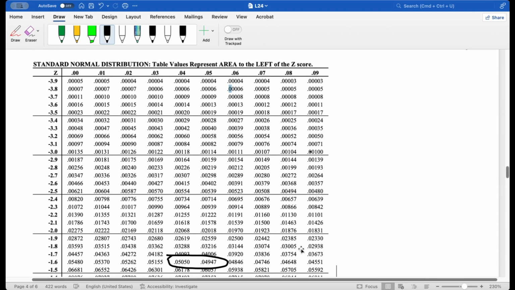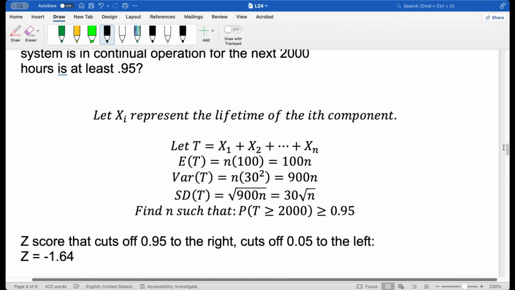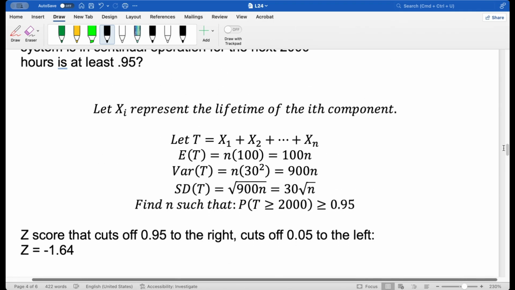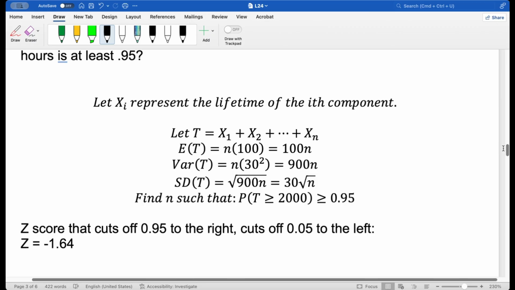Okay, sorry about that. All right, so again, we have here right between negative 1.64, negative 1.65. So either one would be okay. Maybe to be safer here, we want to choose the negative 1.64 to make sure that we're past the threshold, but either one is okay. Negative 1.64 is the cutoff here. And that will cut off 5% on the left, 95% on the right.